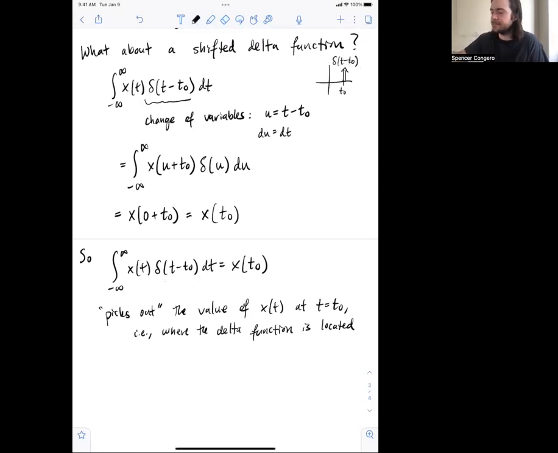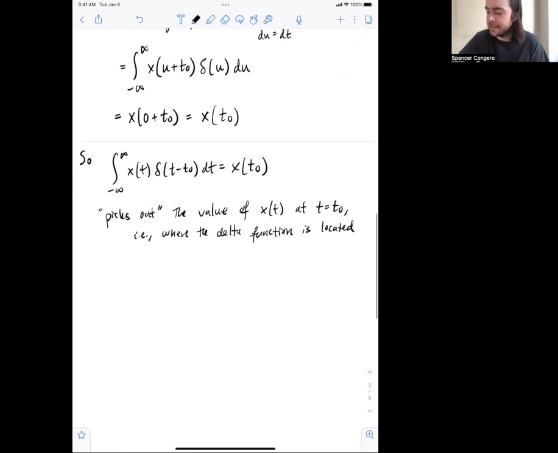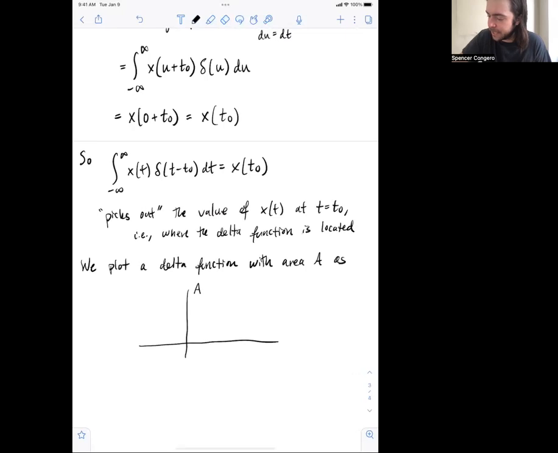Okay, so good. And let me just make a note. I think I said this in the previous video, but I'm going to note it here too: how do we plot a delta function with area A? Well, let's say we wanted to plot the function A times delta of t minus t naught. We know the area of this delta function is just 1.